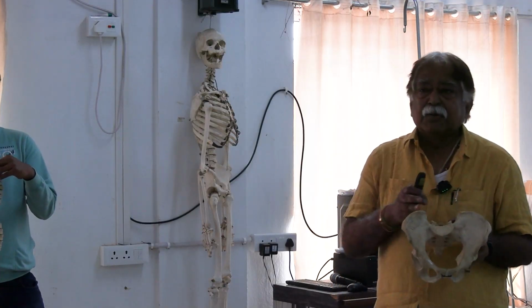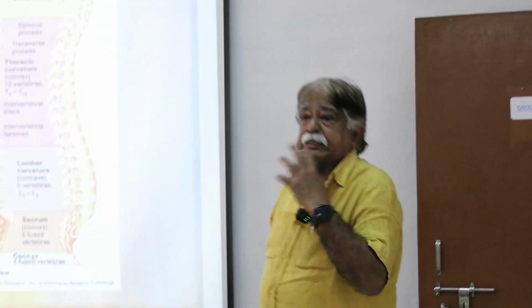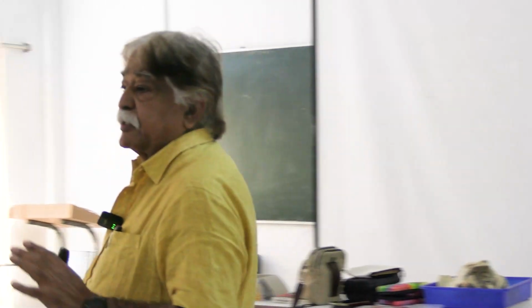So now this is the articulated pelvis formed by the two. Now the sacrum is also called the sacred bone. Why is it sacred? It is covered. Unless you are nude, something is covered. The sacrum is covered, it's a sacred bone.